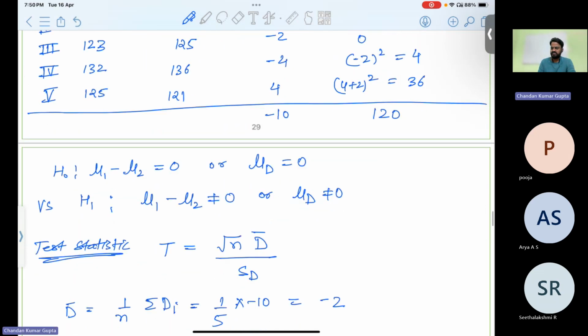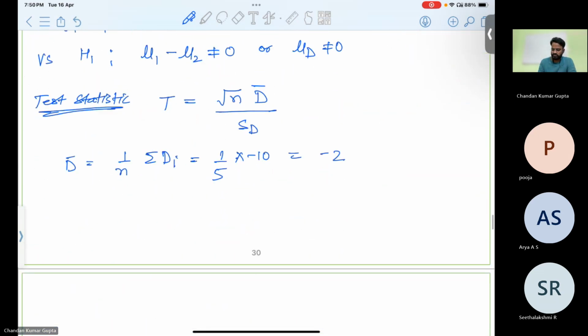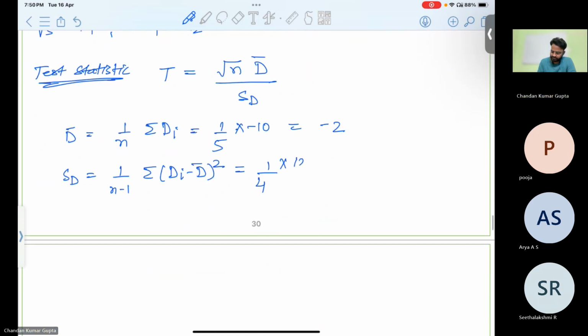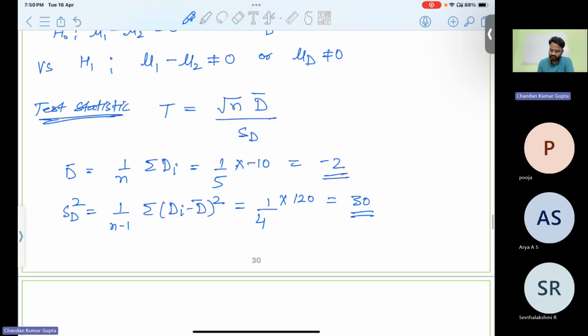These are simple calculations. So SD squared is 1 upon n minus 1 summation of di minus d bar whole square, which is 1 upon 4 into 120, which is equal to 30.